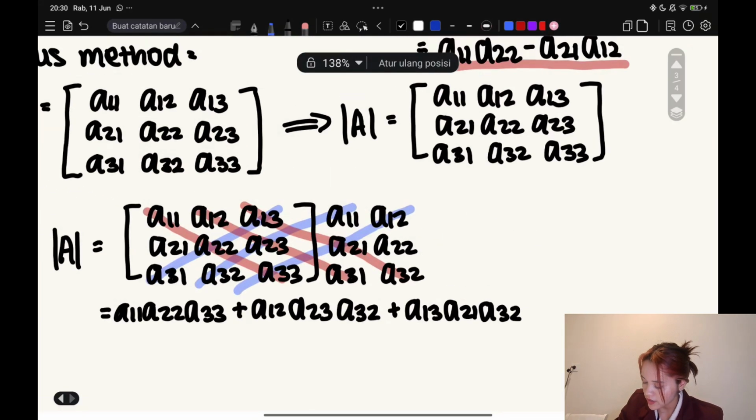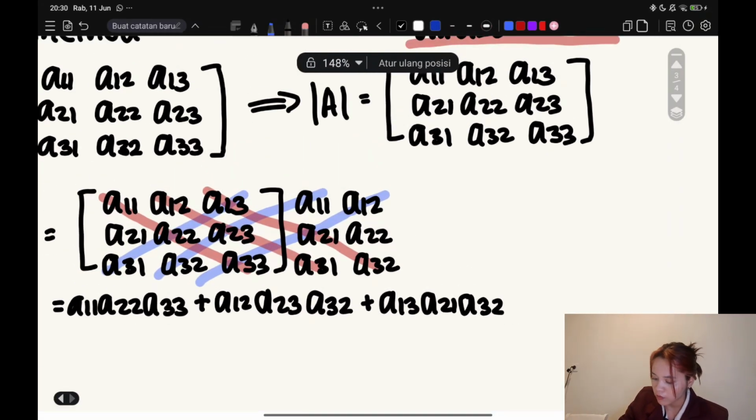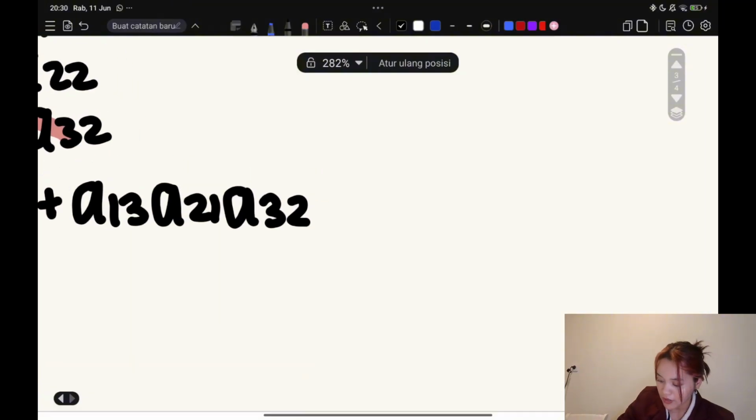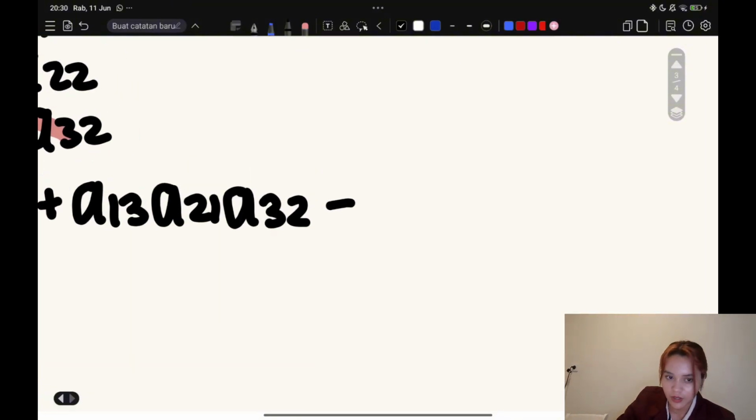This is for this side, and for the other side, the blue color, we have to minus the answer like this.